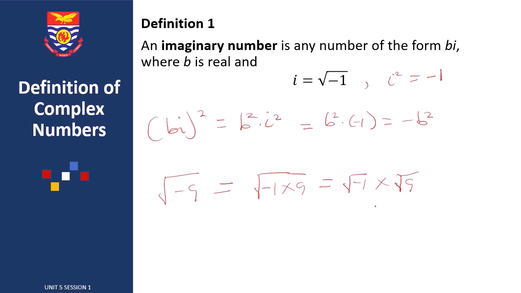So in complex numbers, we say the i comes after the number, 3i. Likewise, the square root of -100, what do I get? 10i. So that's about the complex numbers.